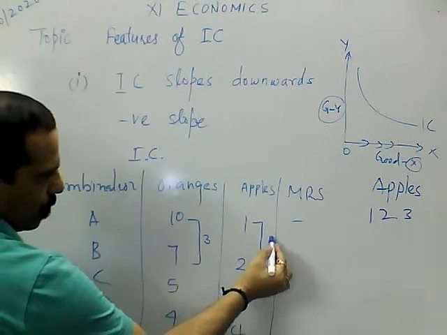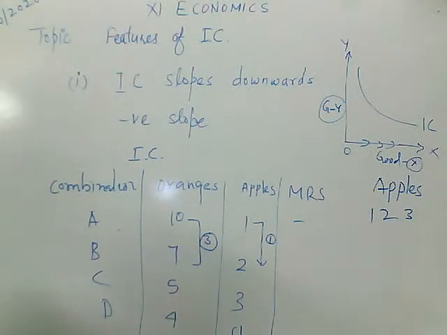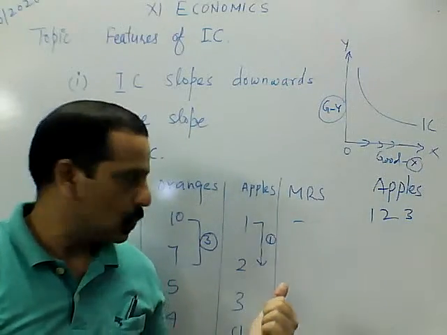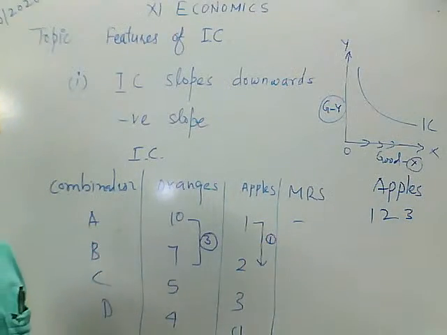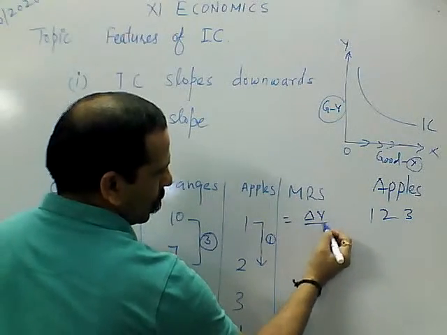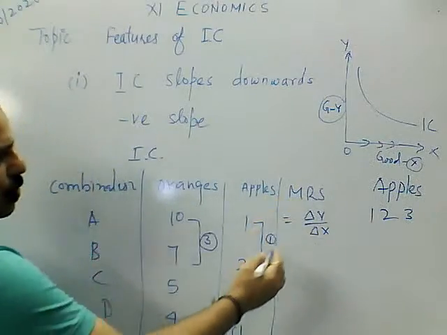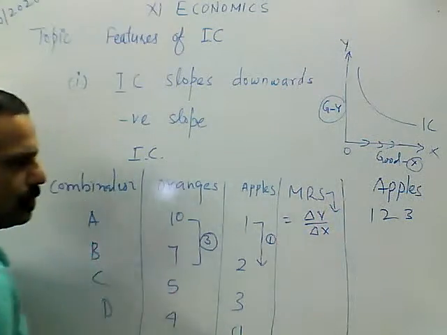To get one more, you have to sacrifice 3 oranges. So 3 upon 1 is the marginal rate of substitution. The formula is delta Y upon delta X.